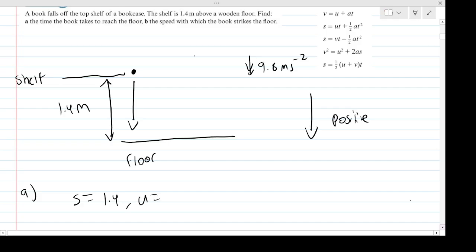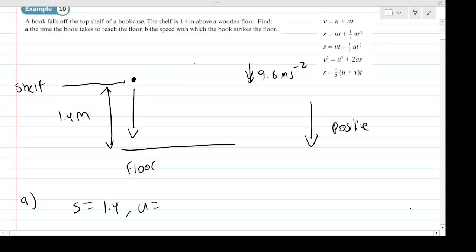The initial velocity, well, it's from rest, right? They're not explicitly told you, but originally it's not really moving. But then it moves down due to gravity and that'll make it move downwards. So initially it's at 0, there's no speed, but then it will pick up the speed as it moves downwards.